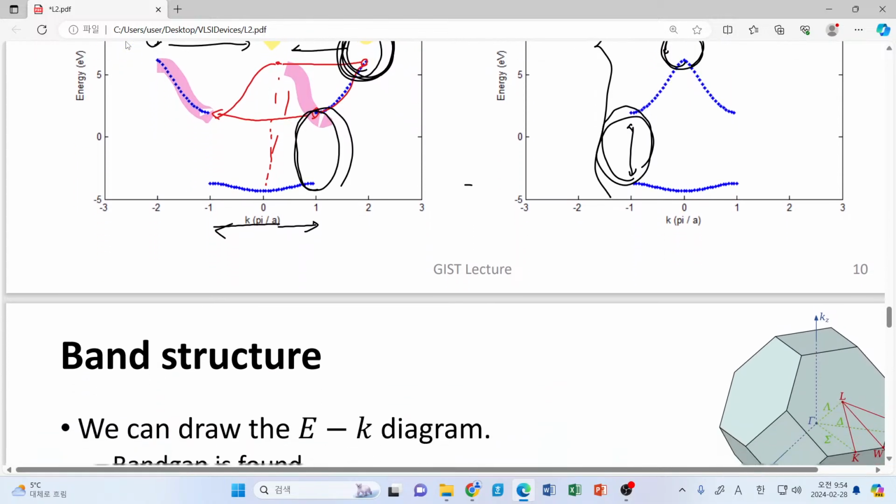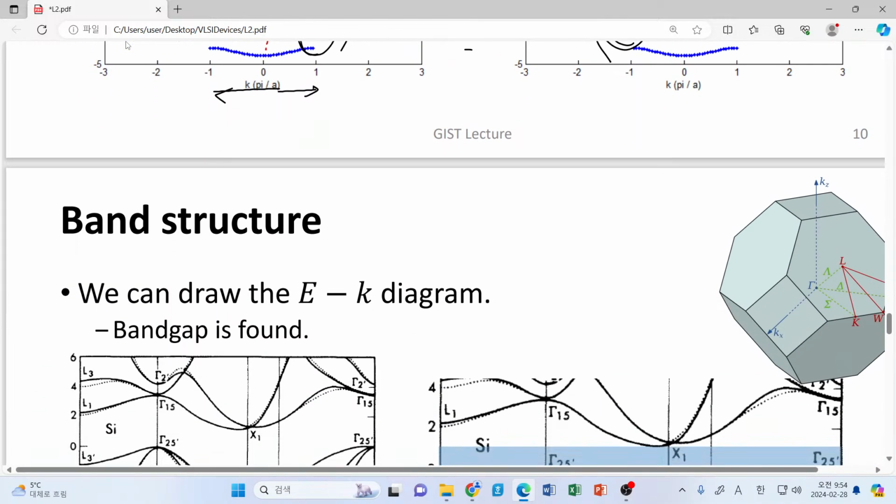So now let's go to the second part. Up to now, I have explained why we have a band gap inside our general band structure. The answer is quite clear. Atomic cores are placed in a periodic manner.